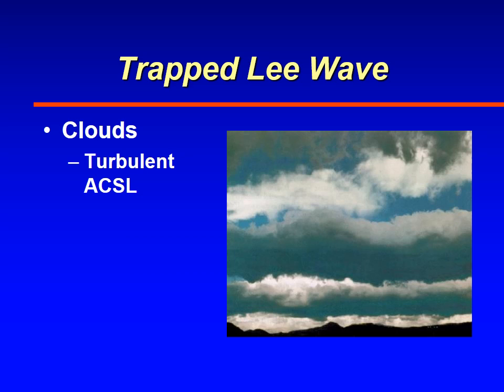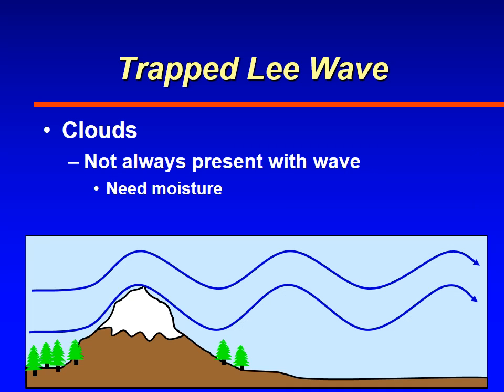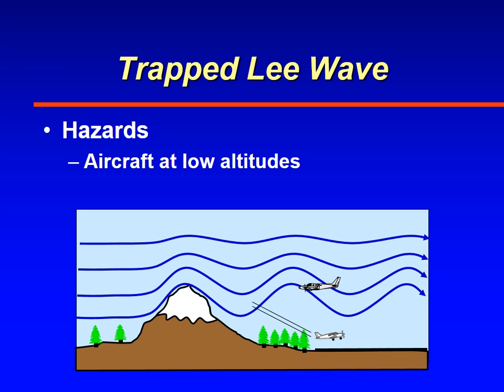But usually with trapped Lee waves below those lenticular clouds, you might have more turbulent lenticular clouds. And they give you an indication, of course, that you're going to have turbulence at lower altitudes typically. Now remember that you get clouds if there is moisture. If there's no moisture, then you won't get clouds, but you still can have wave even without the presence of lenticular clouds.